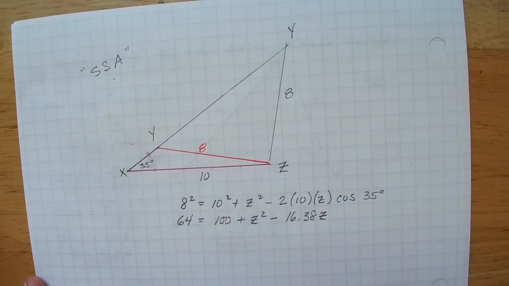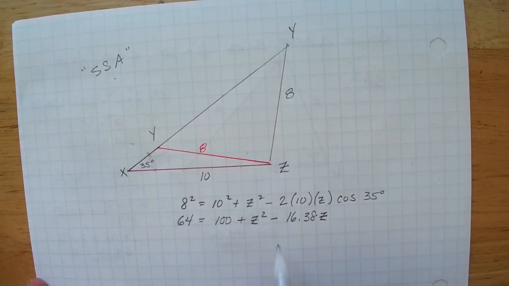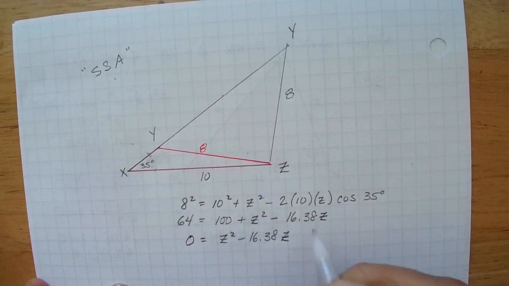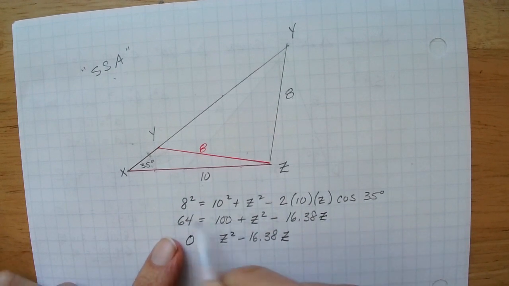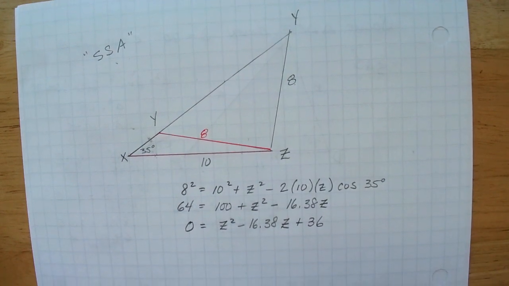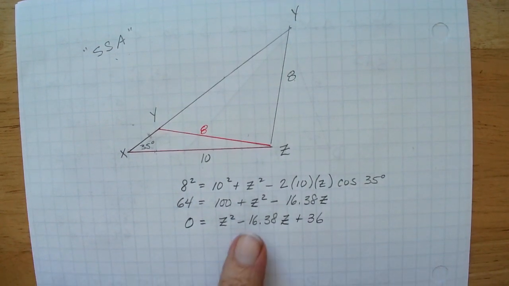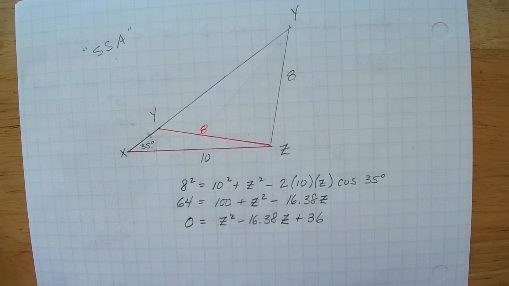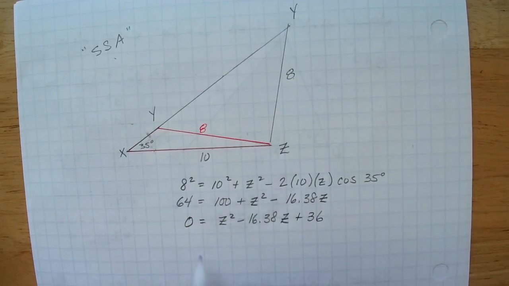And you start to play around with it a little more, and at some point you realize this is really just going to be a quadratic equation. It's going to be z squared minus 16.38 z. Let's see, 100 minus 64, I believe, is plus 36. And you have a lot of ways to tackle a quadratic equation. The easiest one in this case will probably be to use the quadratic formula.